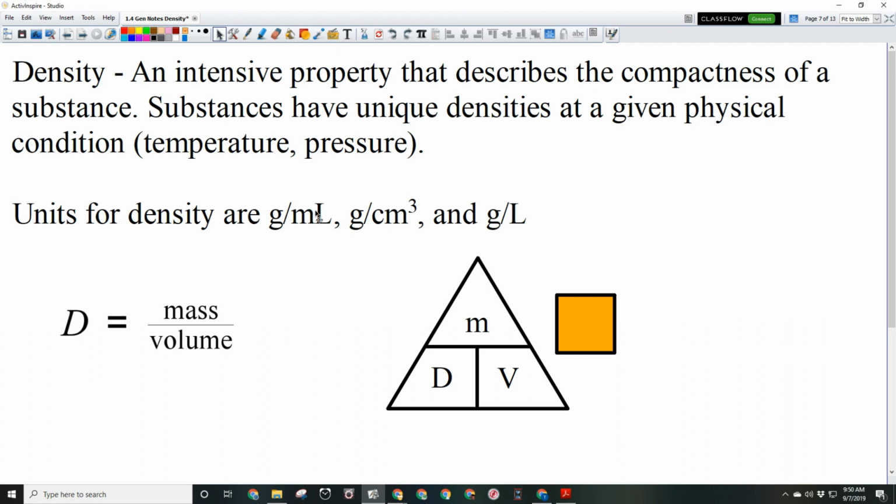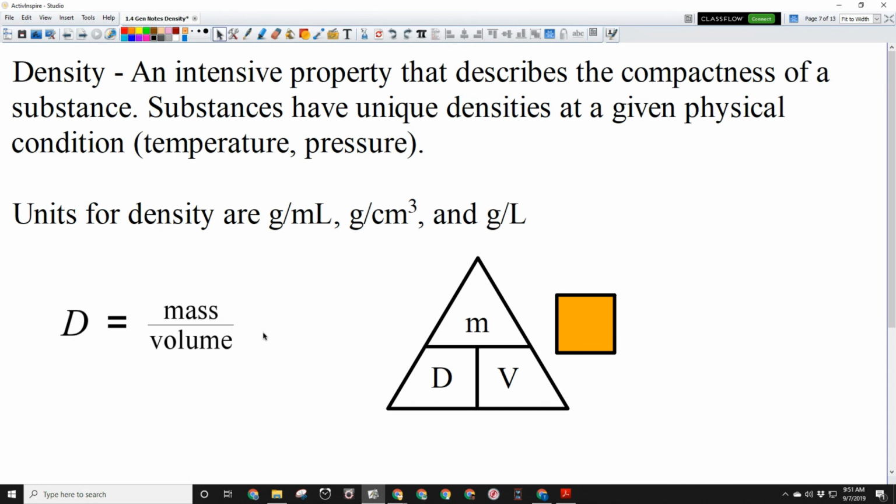Now, again, for volume, we can measure the volume in milliliters like we do in graduated cylinders, or in liters if it's a large volume. So here's another unit for density that's for large volumes, grams per liter. Okay, so we're going to look at a lot of these combinations of units when we get to work density problems.